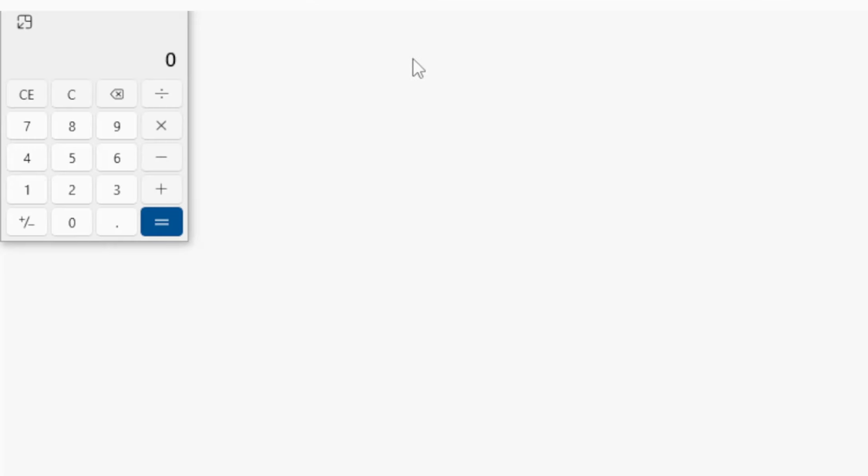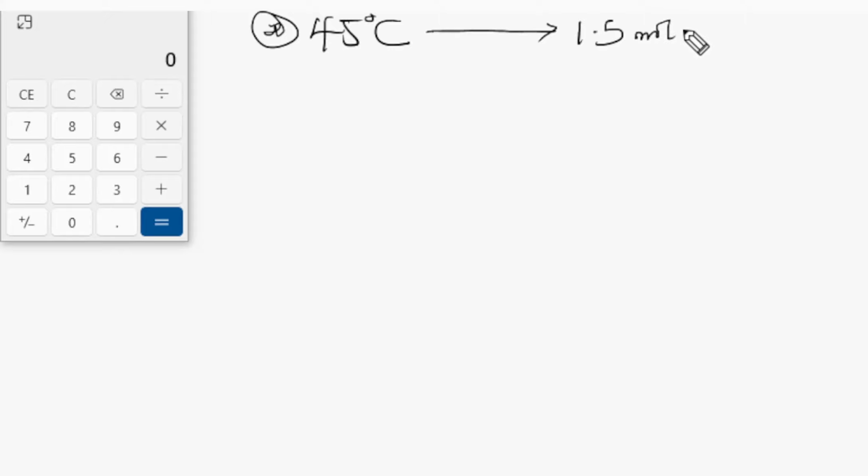So guys, just like we did in the previous question, we are still going to determine the solubility by taking the difference of the two solubilities, while cooling from 45 degrees Celsius to 20 degrees Celsius. So at 45 degrees Celsius, we have the solubility to be 1.5 mole per dm cube.